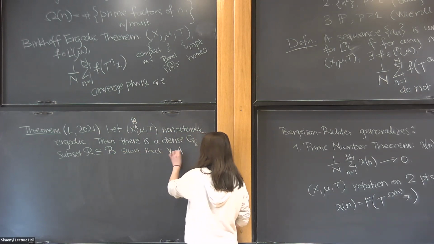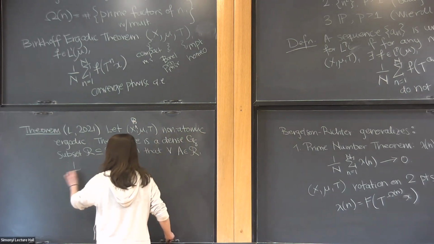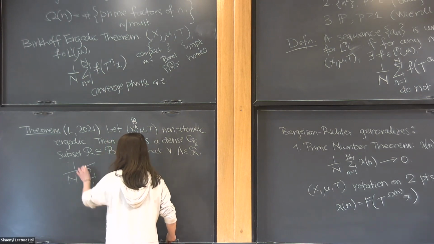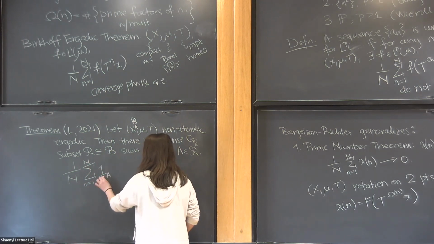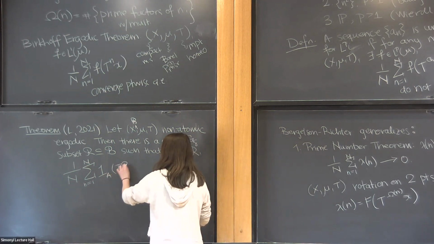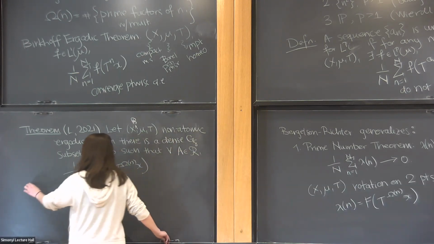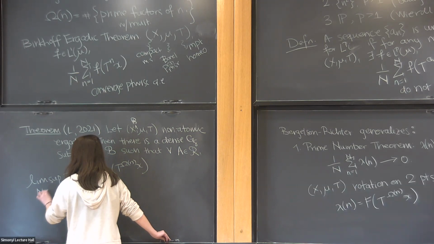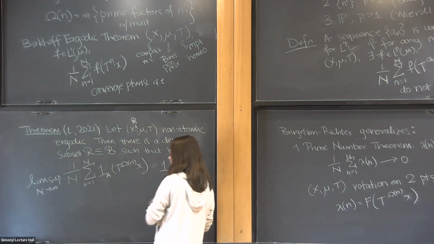Such that for any set A coming from our dense G delta, if we look at our averages of the indicator function of the set A along omega n, take the lim sup, this is equal to 1.